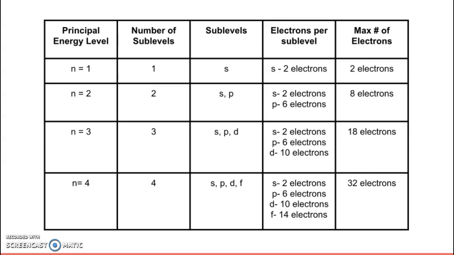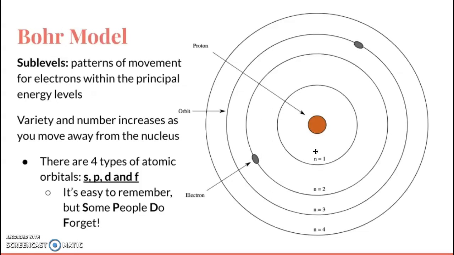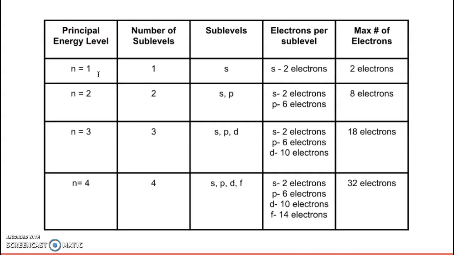All right. So when you look at your principal energy levels, right, 1, 2, 3, and 4, okay, if I am in that first energy level, so the closest to the nucleus, I'm only going to have one sublevel, and that sublevel is S. Okay. An S sublevel holds a maximum of 2 electrons, and so overall that level can only hold 2. Okay.